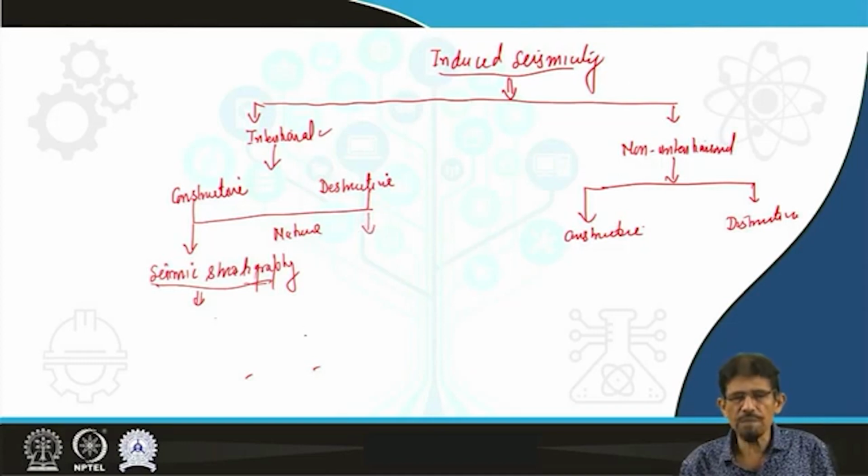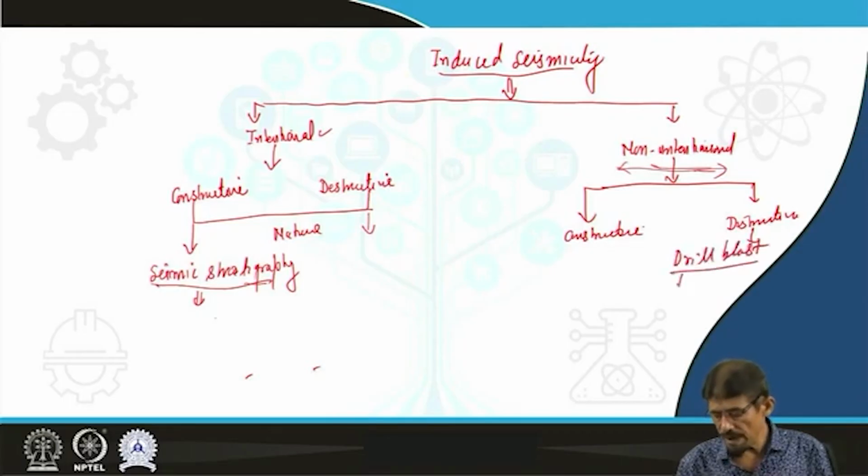Intentional destructive: the bombing by an enemy country to generate seismic shocks for damaging the nearby structure and damaging the nearby area. Similarly, non-intentional seismicity, which is destructive in nature, is the drill and blast in mines.